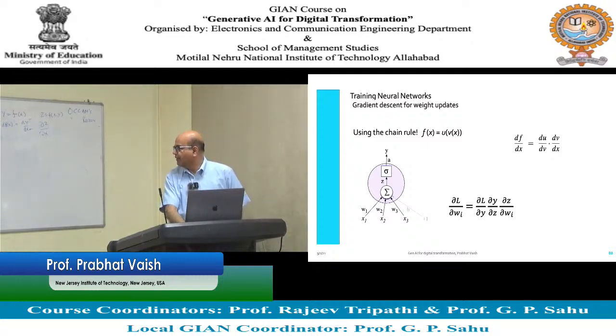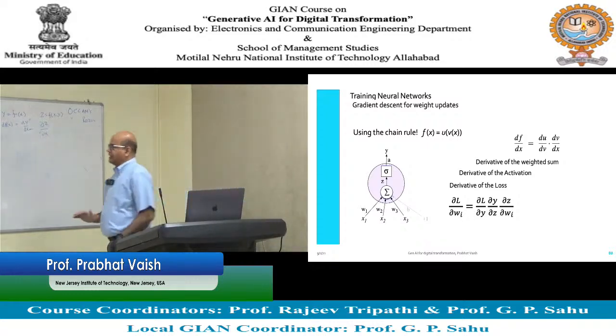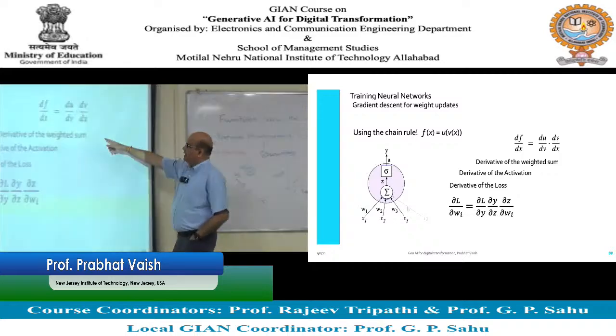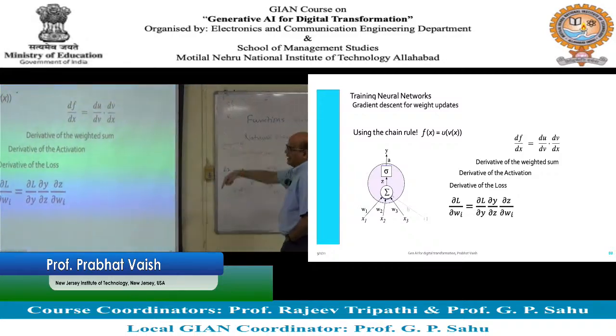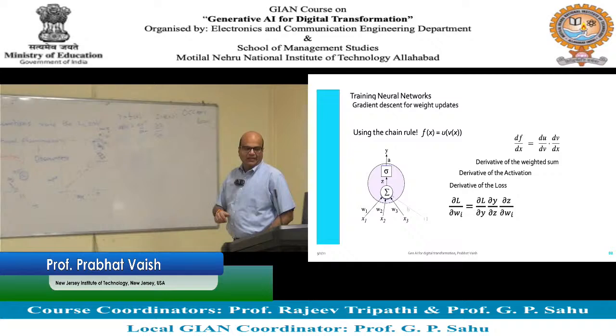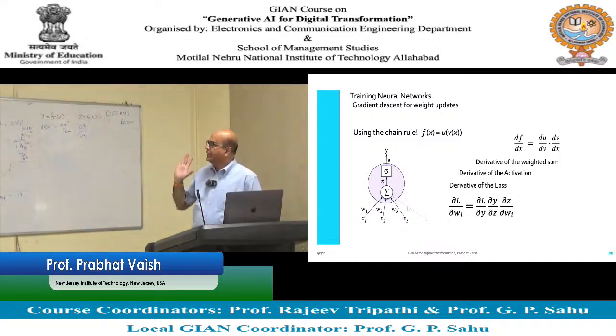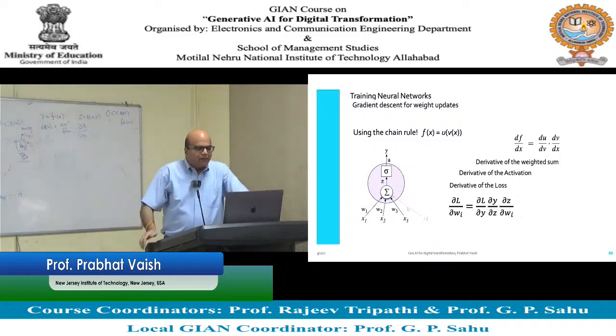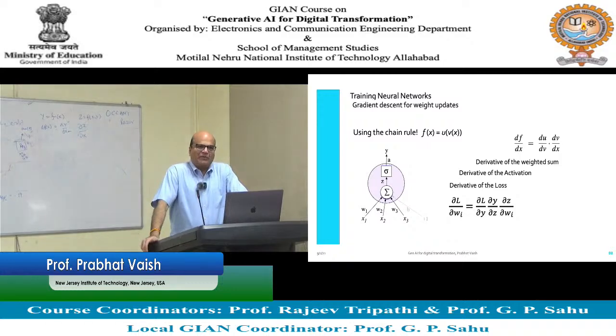Loss of y over z over weight: derivative of the loss, derivative of the activation, derivative of the weighted sum. Those are the three things that you will need to be calculating at each step while the learning is happening, right? So from an intuition perspective, are you all clear what is involved in learning?